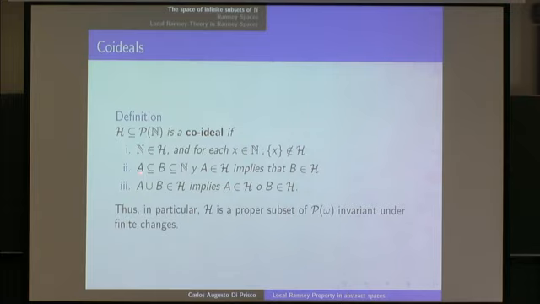It's closed upwards: if A is in the collection and B contains A, then B is also in the collection. And it has a third property, which says that if you have a set in your coideal and you split it into two parts, then one of the parts must be in the coideal. So in particular, a coideal is a proper subset of the power set of the natural numbers invariant under finite changes.